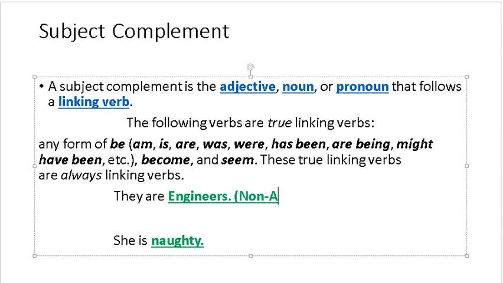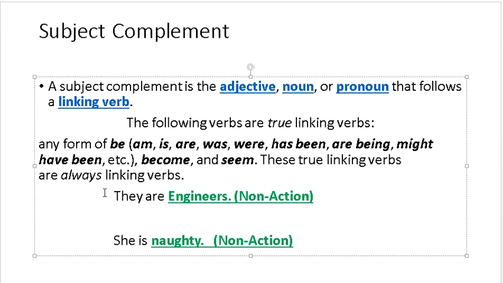This is another assumption that is going to be true, which we discussed in the last lecture. Here the second one is also non-action, because a linking verb always takes an adjective, a noun, a pronoun, a noun phrase or an adjective phrase to complete its sense and meaning, and it never takes a verb.